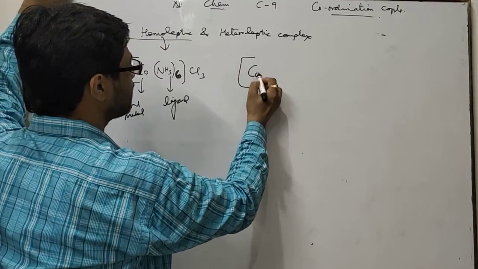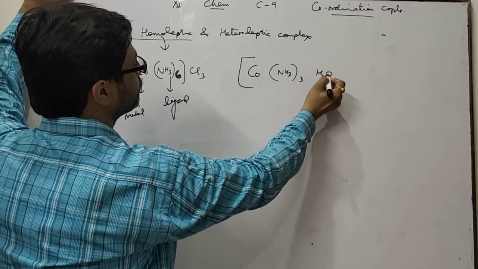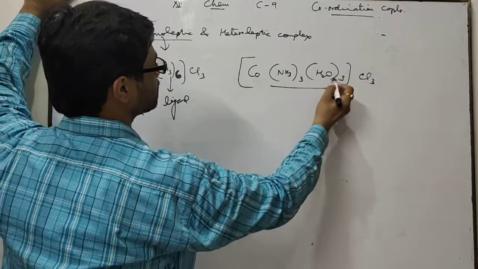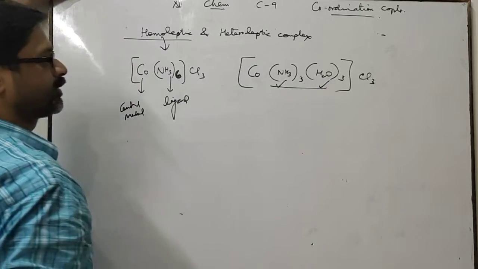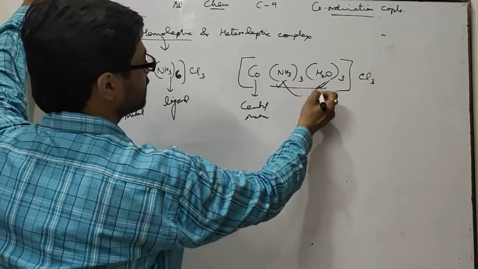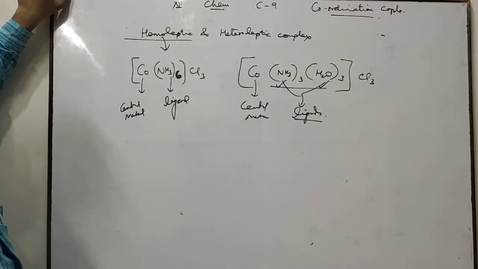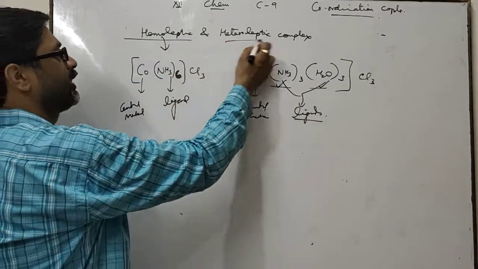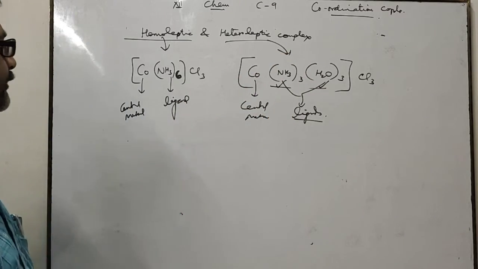If ligands are of 2 or more types, like in this figure, ligands are of 2 types, NH3 and H2O, this one is central metal, and these 2 are ligands. Means ligands are of 2 types, NH3 as well as H2O. Here 2 types of ligands are present, hence it is called a heteroleptic complex. Homoleptic complex and heteroleptic complex.